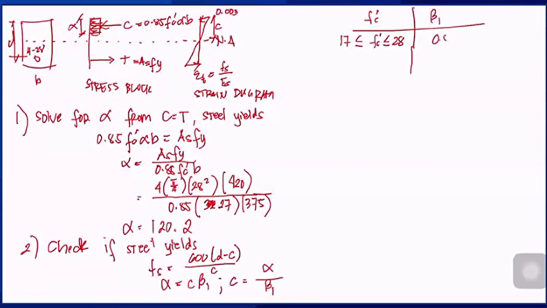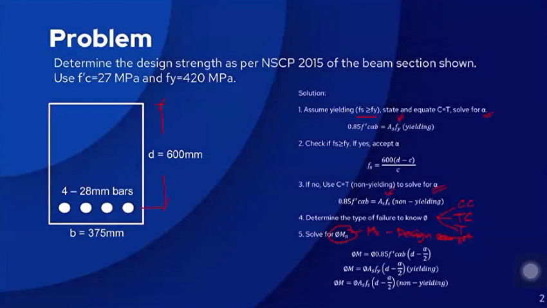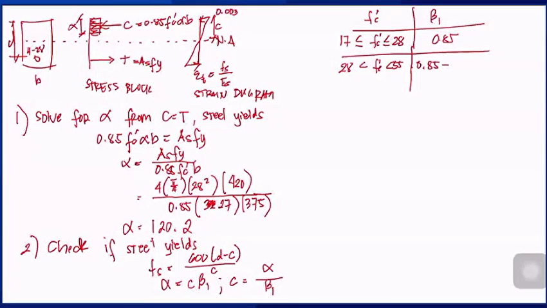If FC prime is between 55 and 28, formula is 0.85 minus 0.05 quantity FC prime minus 28 all over 7.